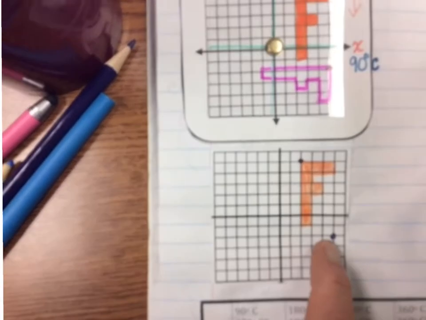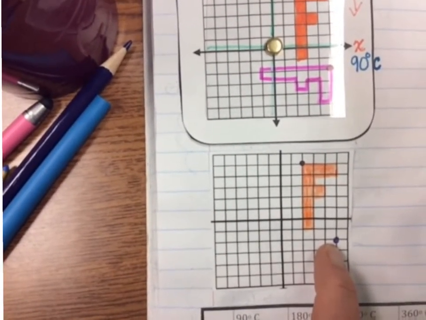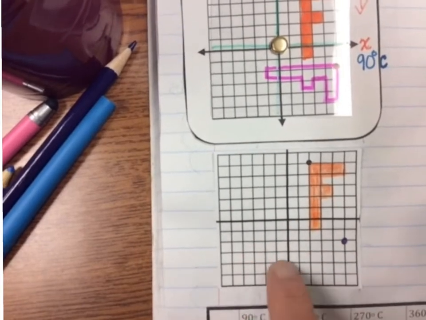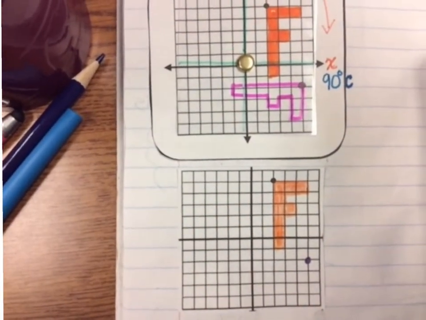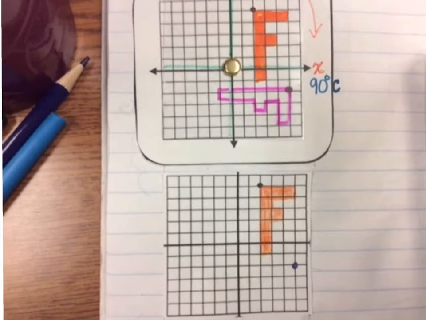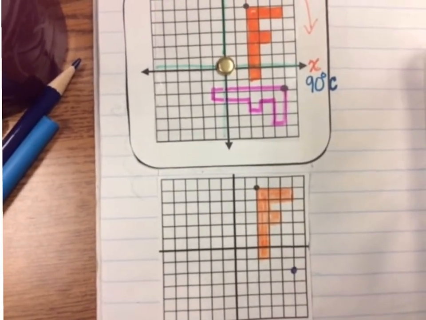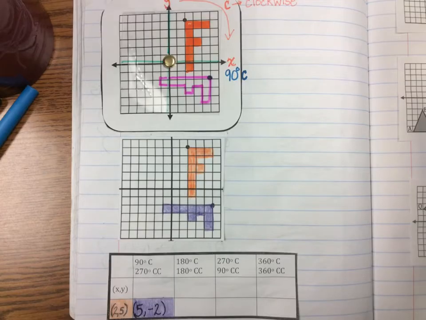Notice I put my point at +5, -2, and you're going to make an F with the next color of map pencil that you choose. Okay, you should notice that Miss White has colored in her F for the new rotation. That is 90 degrees clockwise, and down at the bottom under 90 degrees clockwise I put the coordinates, which were 5, -2.